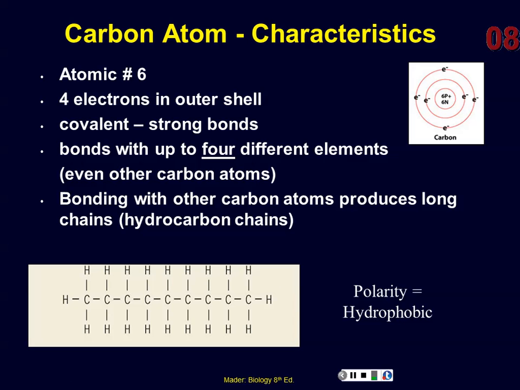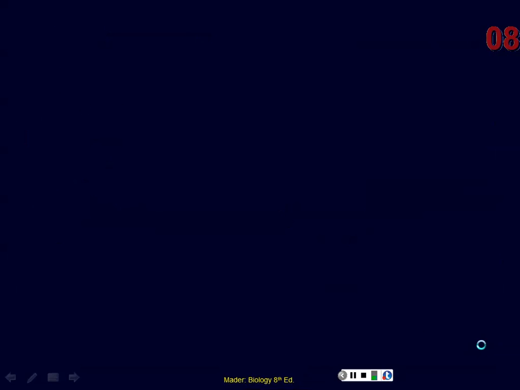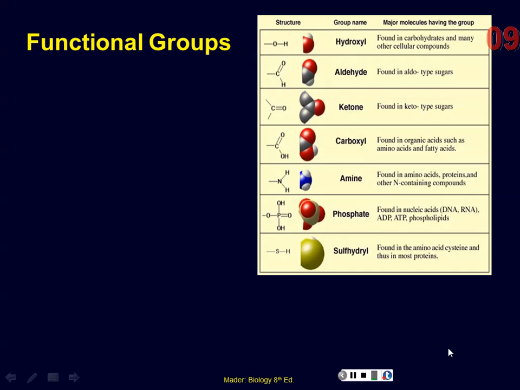We sometimes see groups of atoms appear together in lots of different places. There are atoms that like to hang out together, and we'll see them attached to these hydrocarbon chains. We call those groups of atoms functional groups.